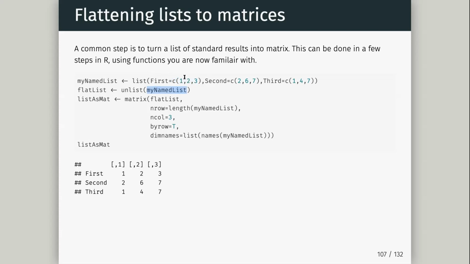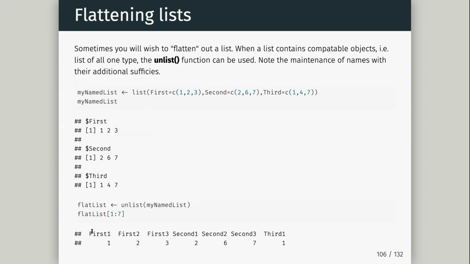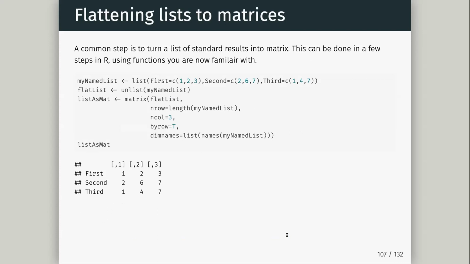So we'll do list first, second, third. We unlist this, and it will become this flattened list here. And a common operation is to take that flattened vector, use our matrix function again, and set the number of rows to the same length as the list. The number of columns, we know should be 3. I'm going to tell it to fill by row, and then I can assign some names to this, taking the names from my list.